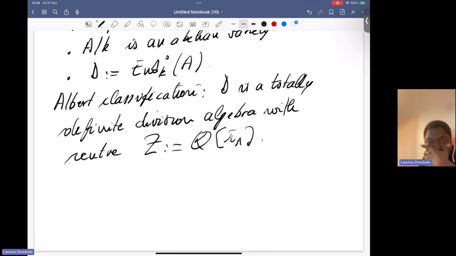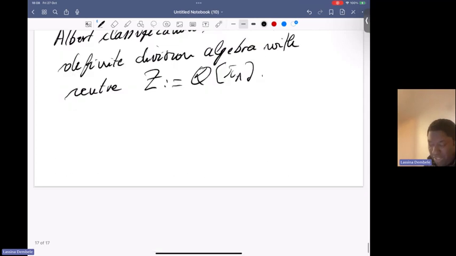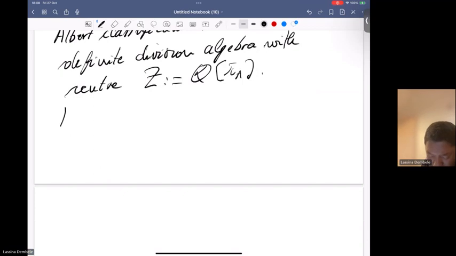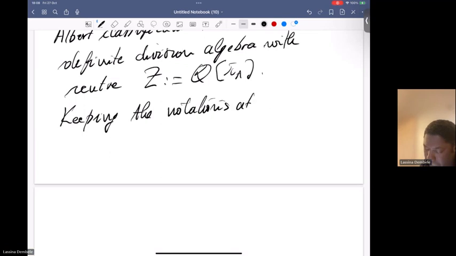So remember, we had this decomposition that we just proved, and in the proof of the theorem we saw this decomposition. So keeping the notation, we have this decomposition.